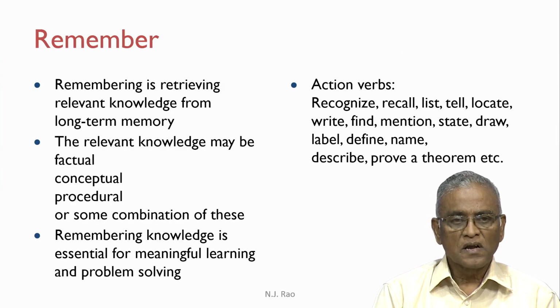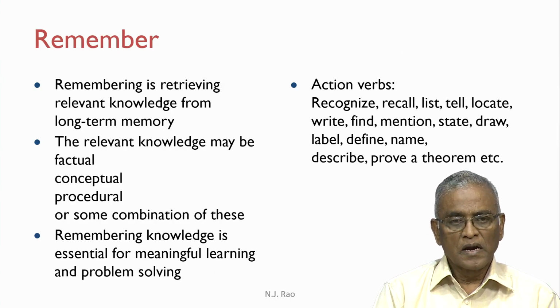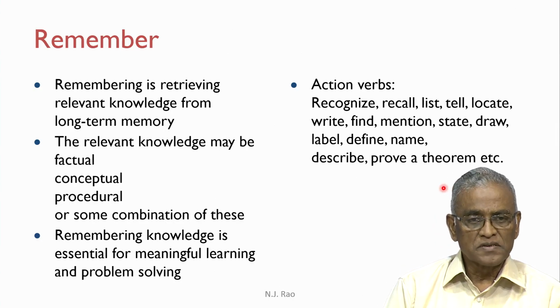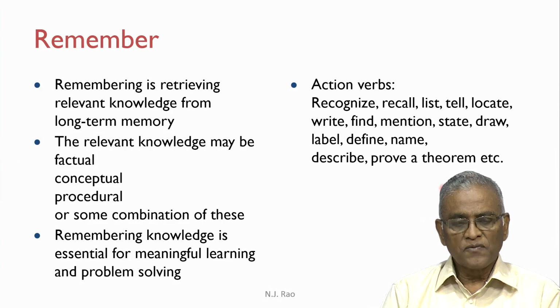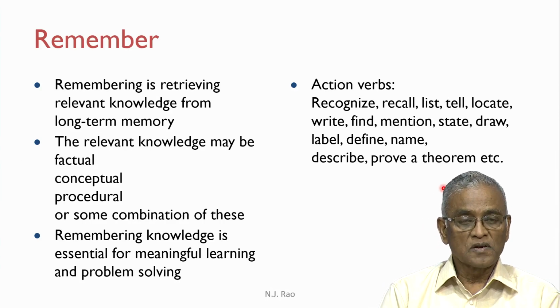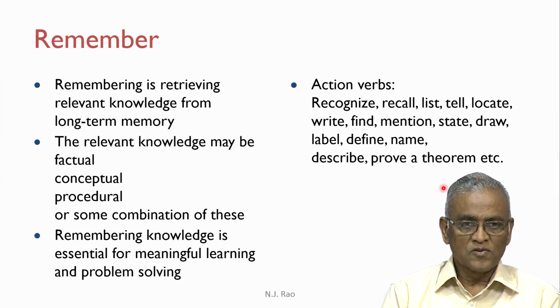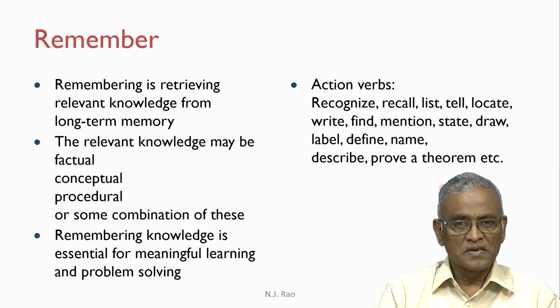These are procedural knowledge that needs to be remembered, and it can be a combination of any of these. So, remembering knowledge is essential for meaningful learning and problem solving, and you have to keep loading a lot of information, but it cannot stop there. This is the lowest level activity and we need to remember many things.